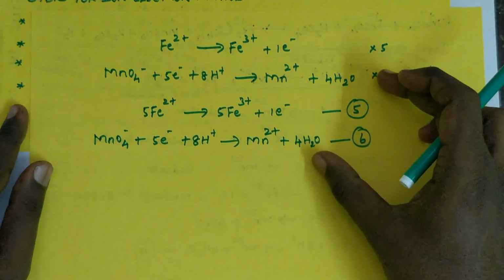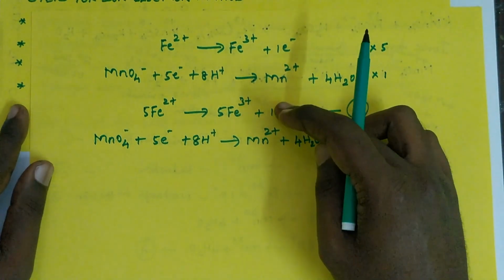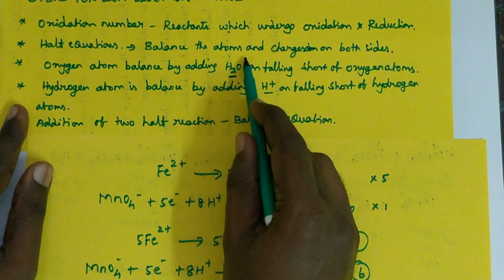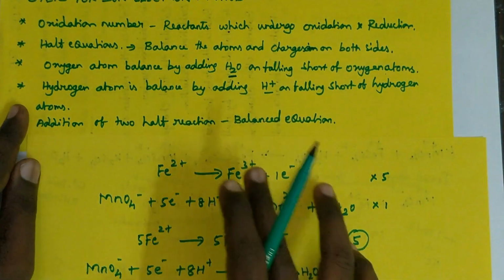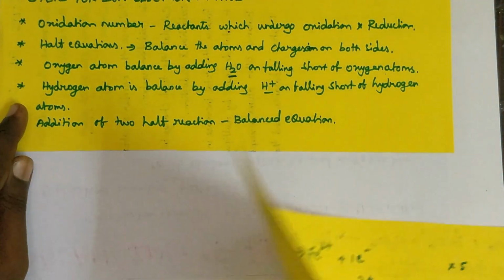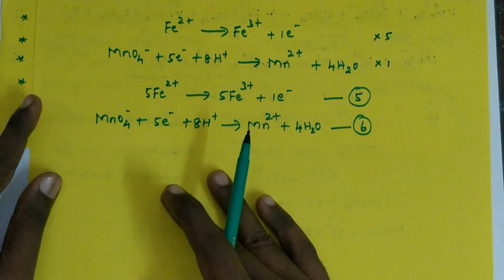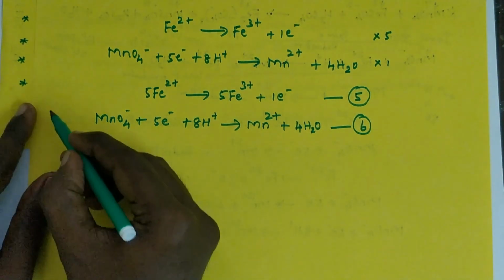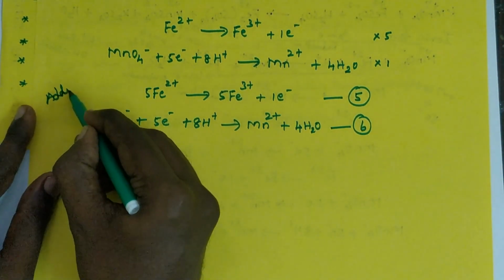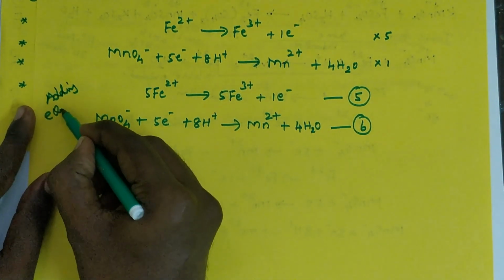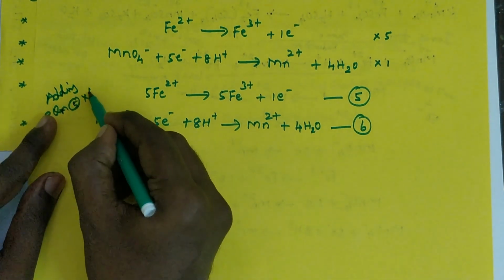So we have balanced the atoms and charges on both sides. So the final step is adding the two reactions, equations 5 and 6.